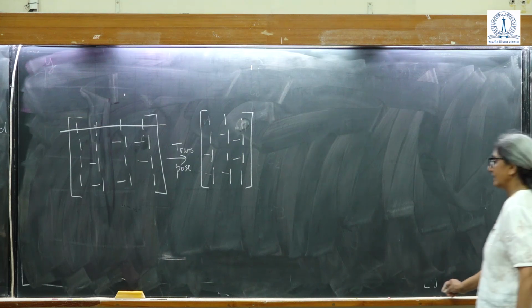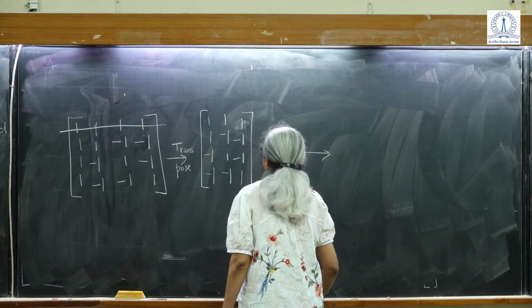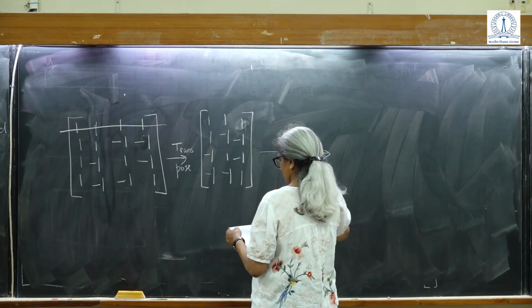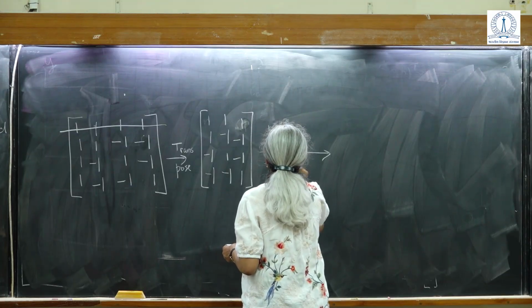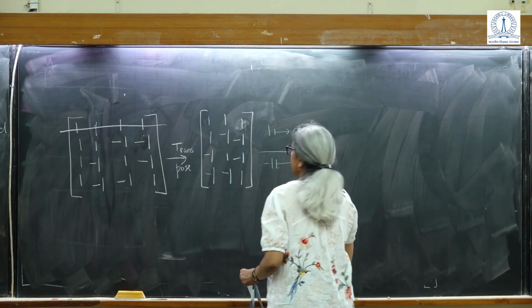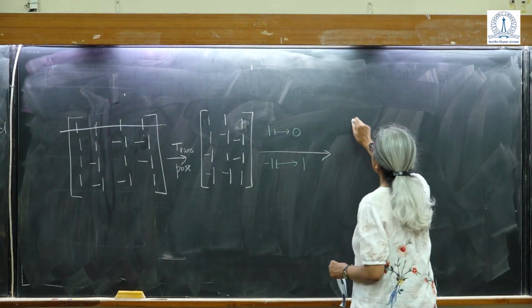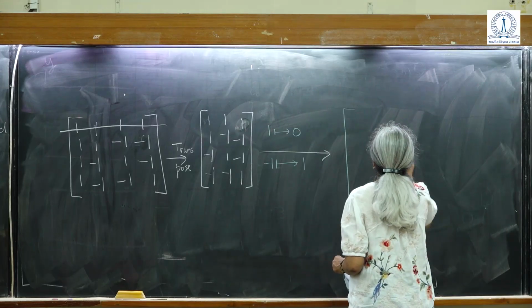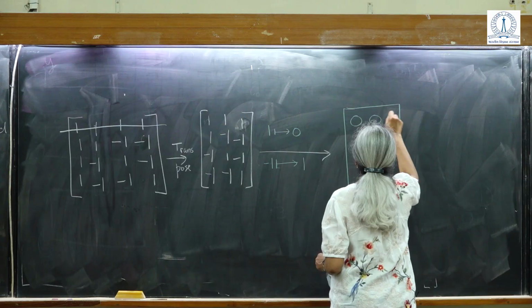And now let's do a linear transformation that sends 1 to 0 and -1 to 1. So then what do we have? In this example we are in good shape, but we'll argue in general.